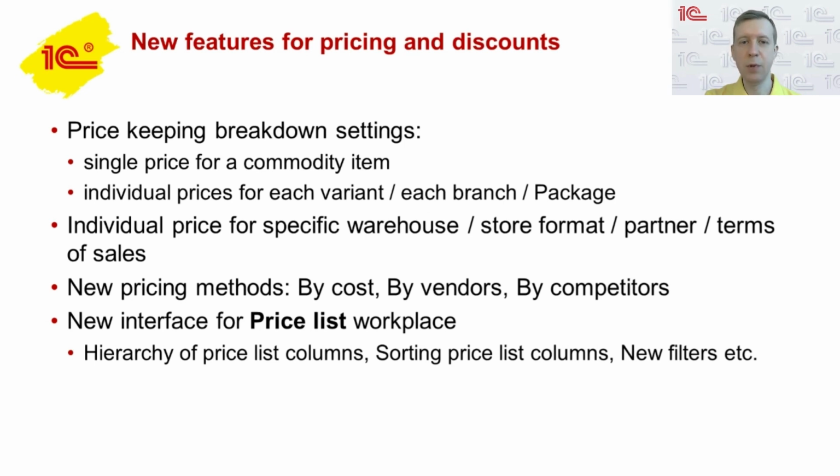Single price for commodity item, ability to assign individual price for each variant or even variant attributes, ability to assign individual price for each branch, ability to assign price for individual packages, also to use specified price type for warehouse, store format, partner, terms of sales. New pricing calculation methods and interface changes.